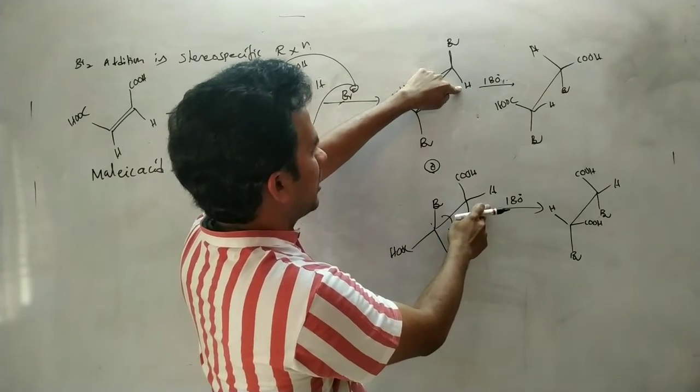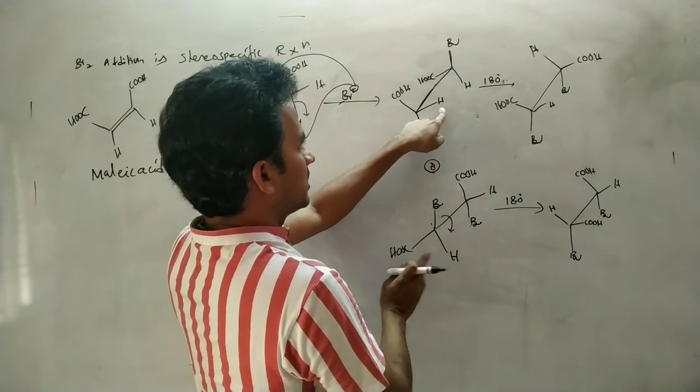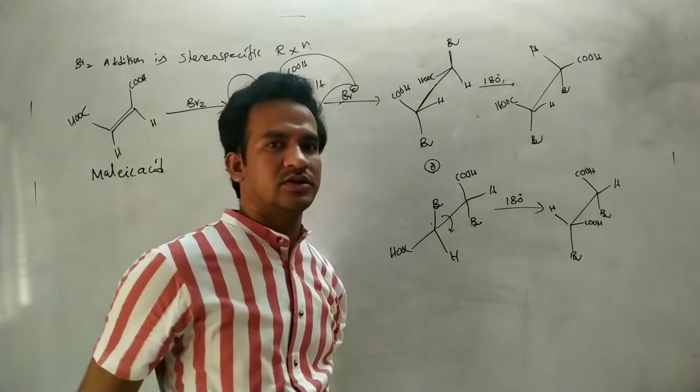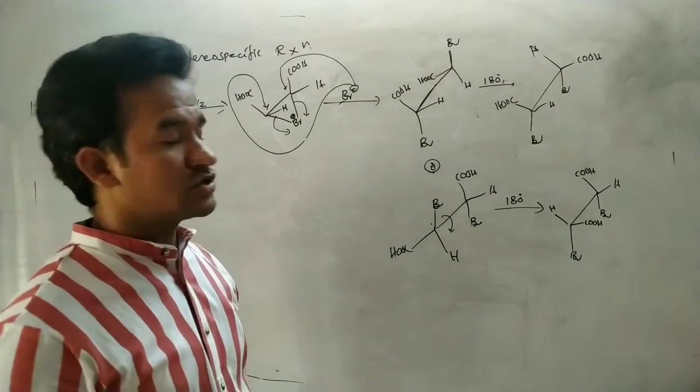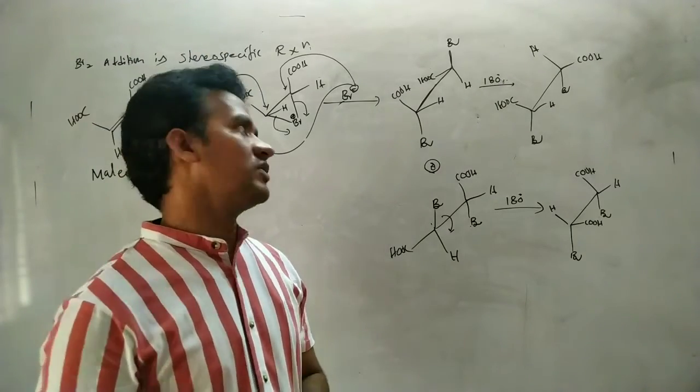Hydrogen downward, here hydrogen upward. Here COOH upward, here COOH downward. Here hydrogen upward, hydrogen downward. These two are exactly mirror images. So we will get a mixture of enantiomers.